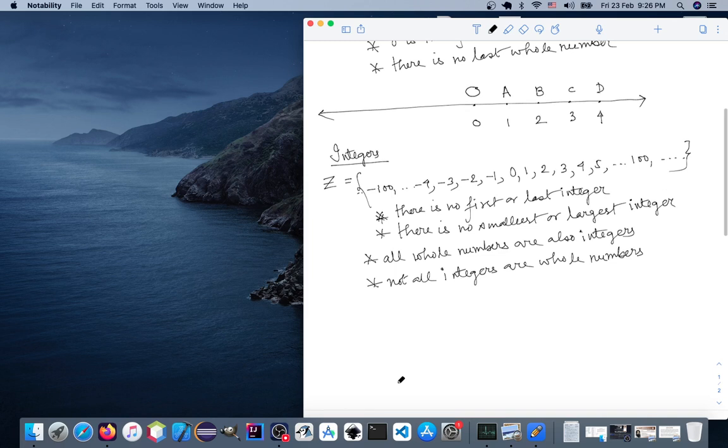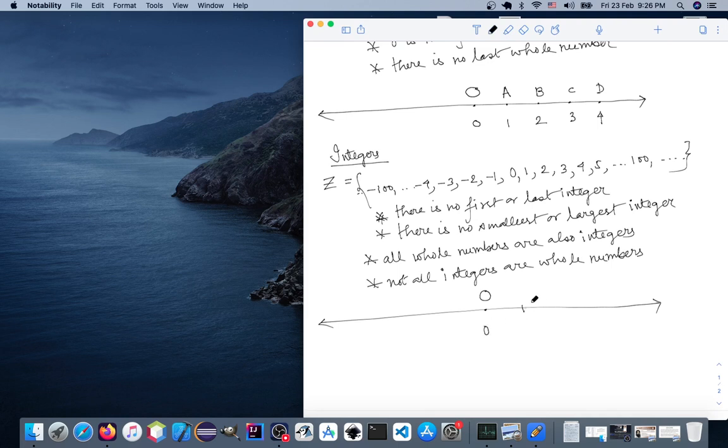Okay. So, how do we represent integers on the number line? We similarly take the number line, we put the arrow, we mark the center point origin O, which denotes the value 0. So at unit distance, we have 1, 2, 3, 4.